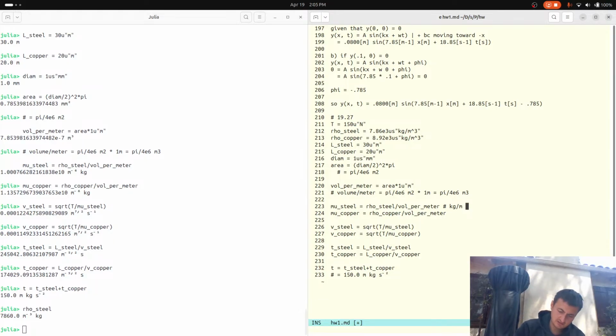So we have kilograms per meter cubed times, oh, meters squared. Yeah, I think we're good here. So then this does need to be a times. This needs to be a times. So now I think I'm good.